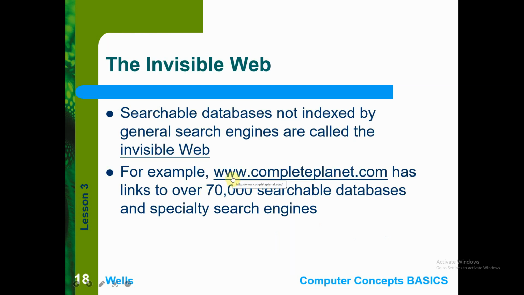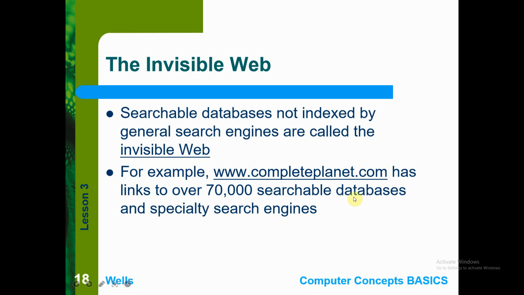So now, we go now for the invisible web. By its definition, these are searchable databases but not indexed by general search engines. So we have in this example, Complete Planet. This also links to 70,000 searchable databases and specialty search engines. They are linked to this website, but they are not generally available.